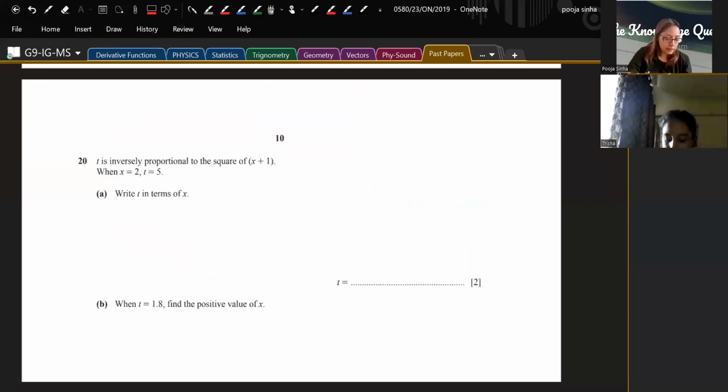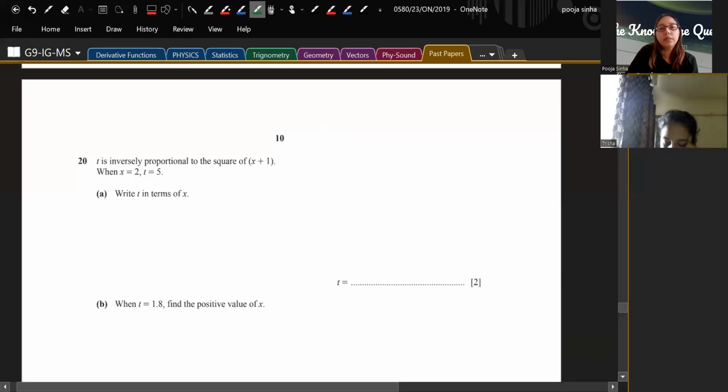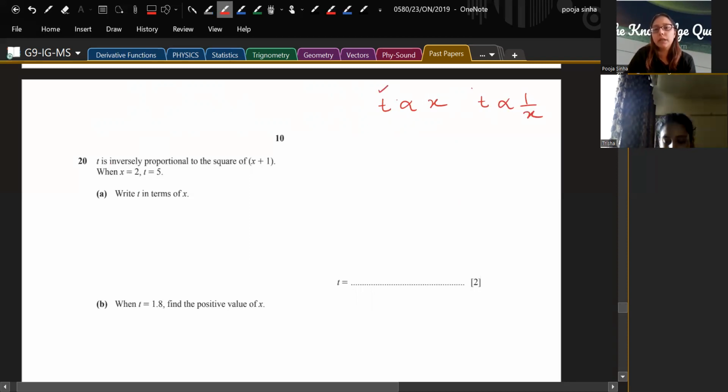Okay. 20th. T is inversely proportional to the square of X plus 1. When I say something is proportional, directly proportional, suppose forget about this question right now. T is directly proportional to X. T is inversely proportional to X. It's the same thing, in proportionality ka symbol same.